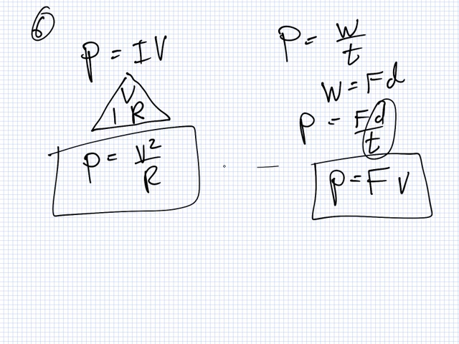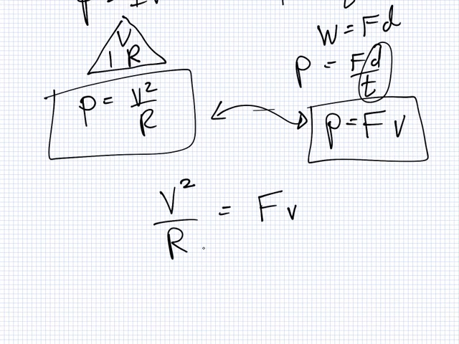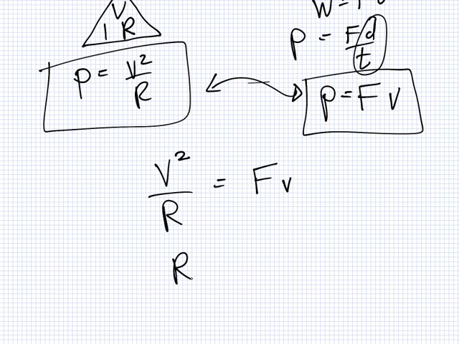So voltage squared over resistance equals force by velocity. And what am I looking for? Resistance. So resistance is voltage squared over force by velocity.